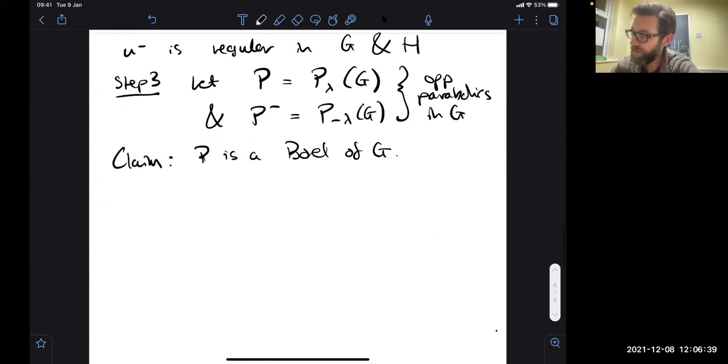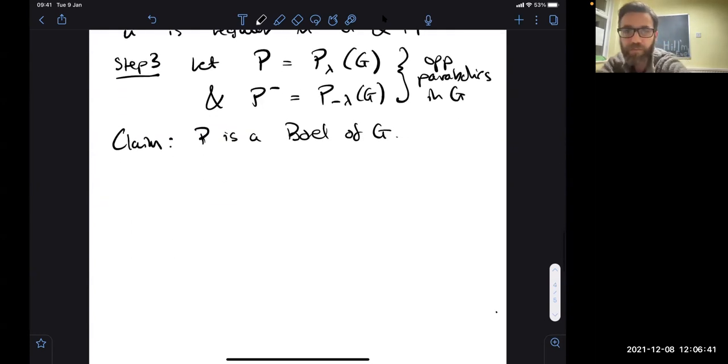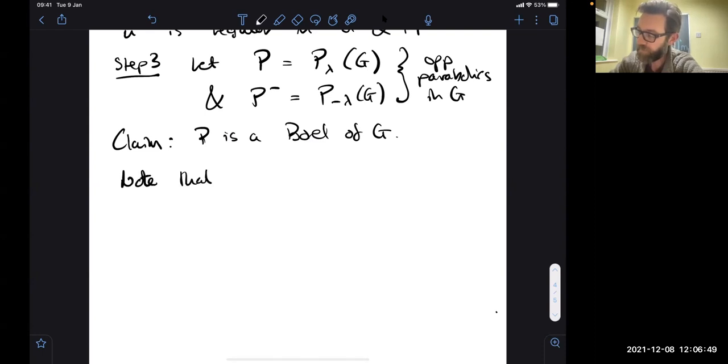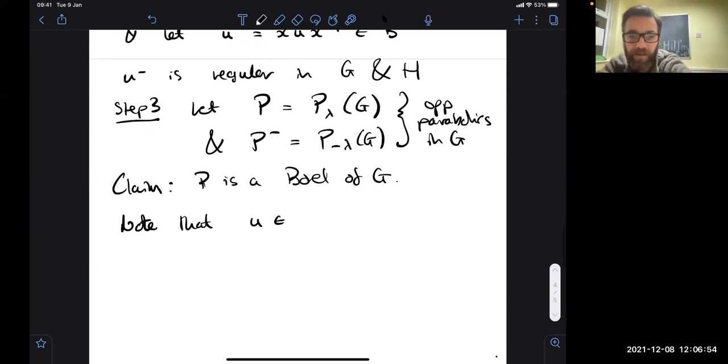Okay, and to see this, I'm going to show that this unipotent element U is in the unipotent radical of P, and then it will follow very quickly. So this element U is certainly in the unipotent radical of the thing I first wrote down, the Borel subgroup of H, because all the unipotent elements in a Borel subgroup are in the unipotent radical.